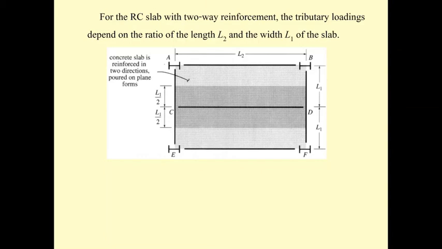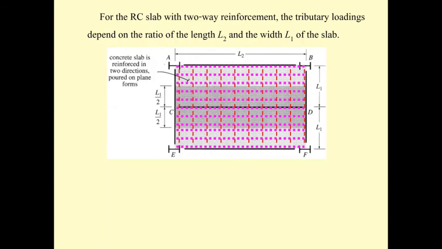However, when we come to the other slab, it depends on the picture of this one. This slab is going to be supported in every direction with the reinforcement in 2 ways, unlike previously where the reinforcement is only in 1 way.